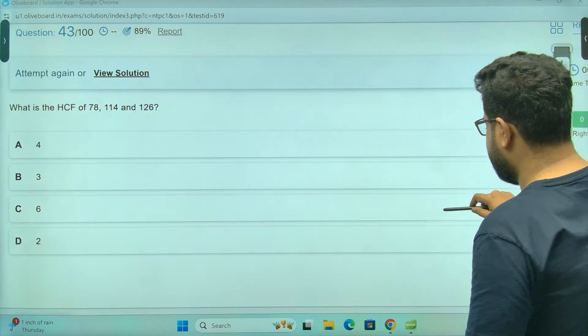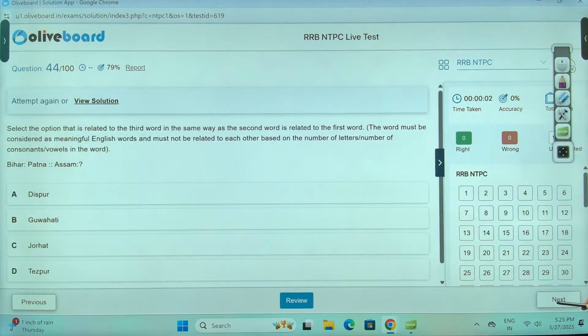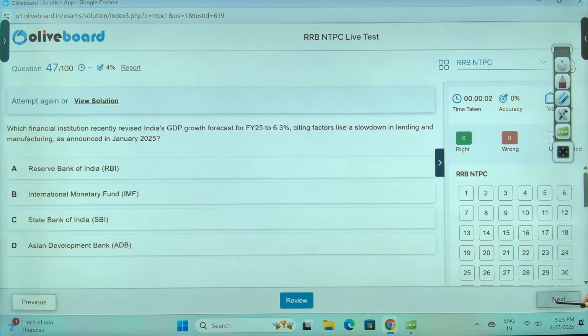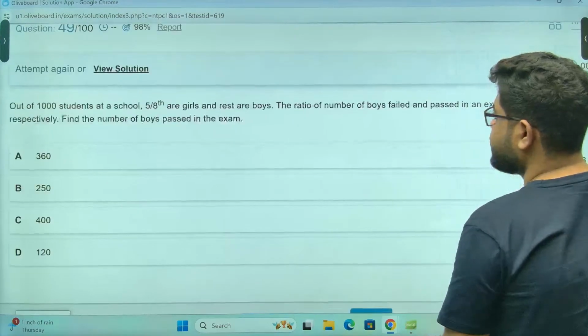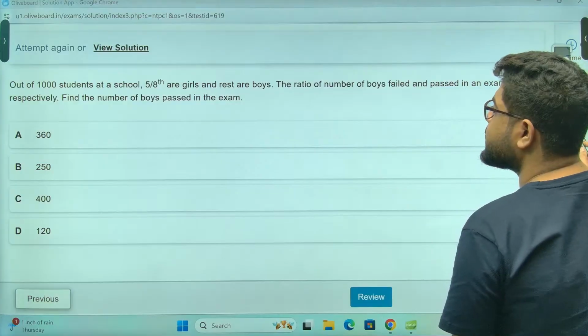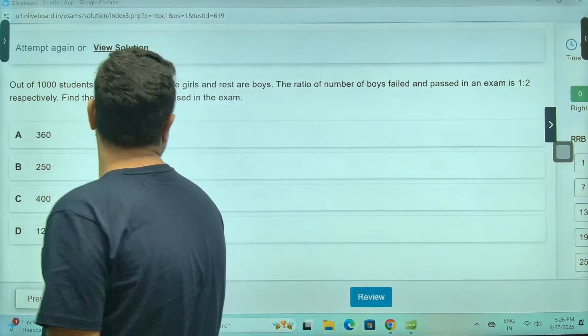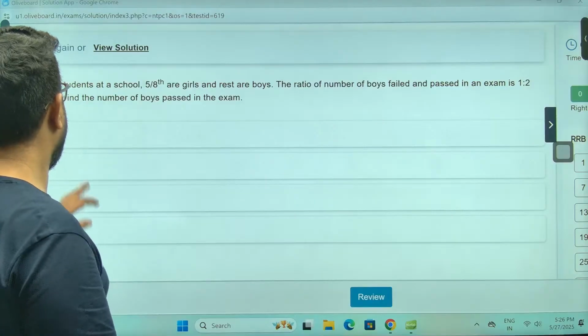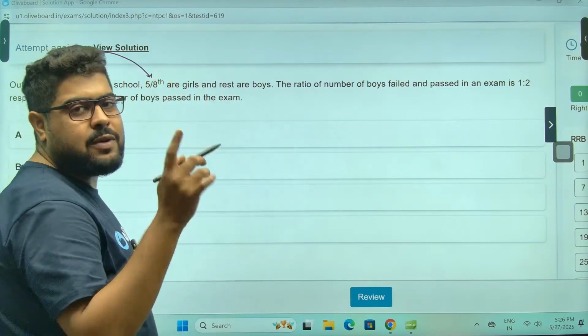Moving on, sir. Out of 1,000 students in a school, 5/8 are girls, rest are boys. 1/8 of 1,000 is 125.